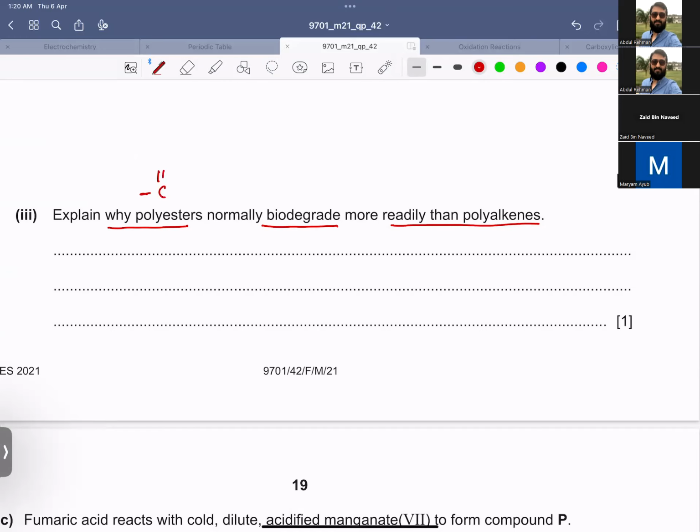Because polyester has a C double bond O and that carbon bonded to O, and polyalkenes have a carbon-carbon single bond. The ester bond can easily be broken due to hydrolysis, whereas hydrolysis cannot break carbon-carbon bonds. Good.